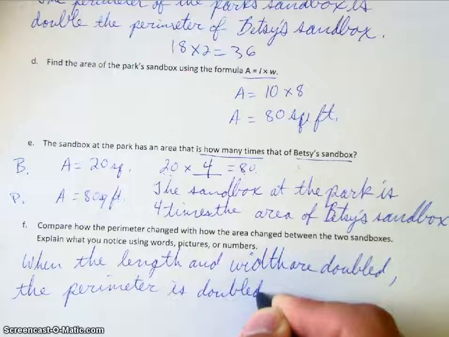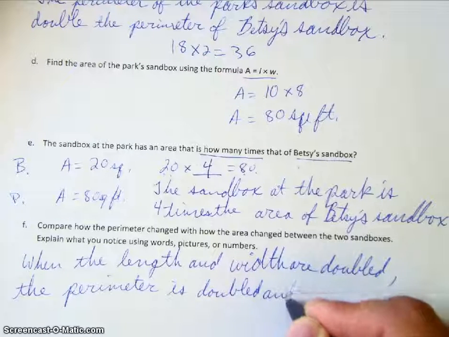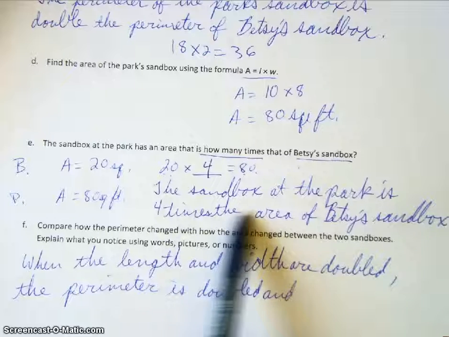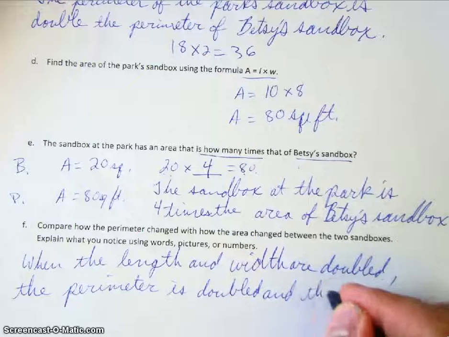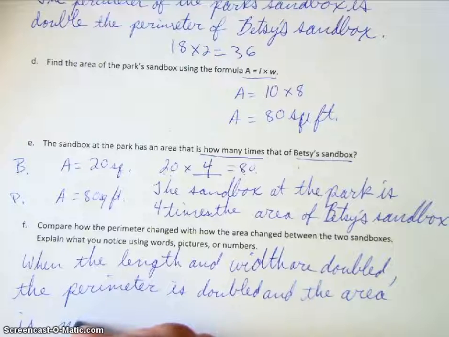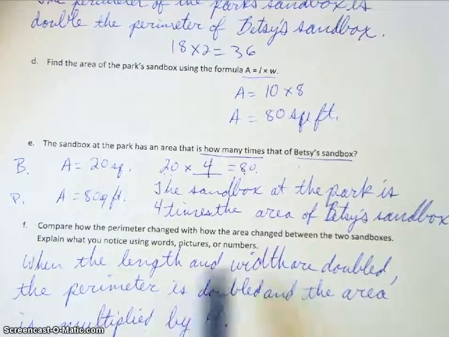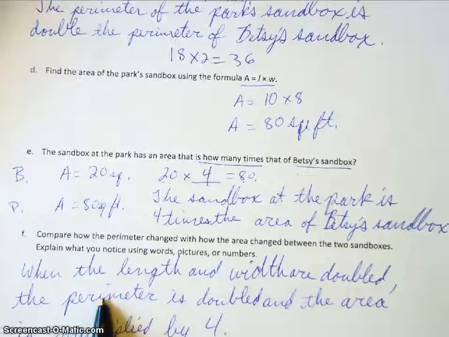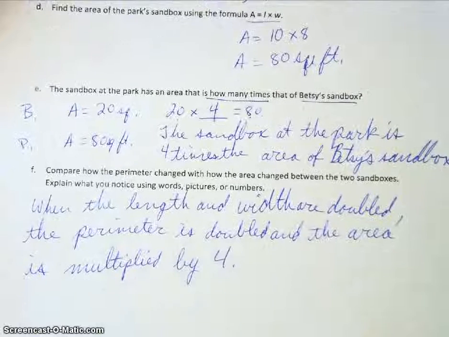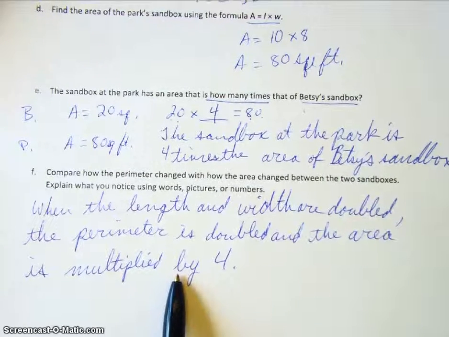And if we take a look at what we did here in letter E, the area is multiplied by 4. So when we double the length and the width, because area uses multiplication in its formula, the area gets quadrupled.